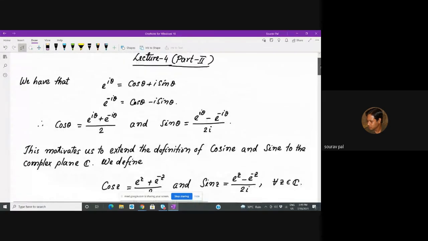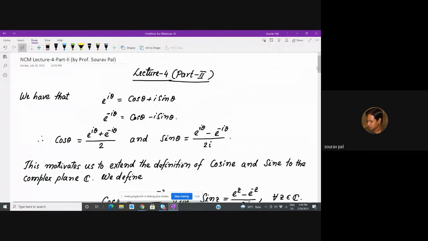Okay, so there are some interplays between the logarithmic function and the exponential function. For example, there are some basic properties we have learned in school. If you think about any line parallel to the x-axis, under the exponential function it will be mapped to a half ray. We all know this, right?